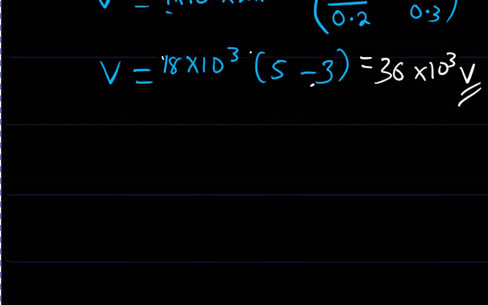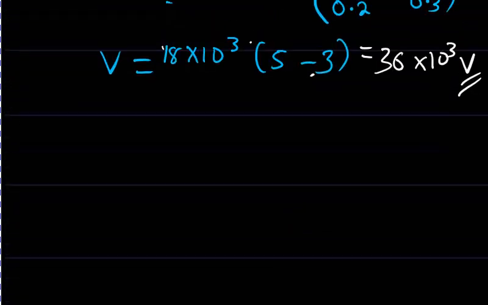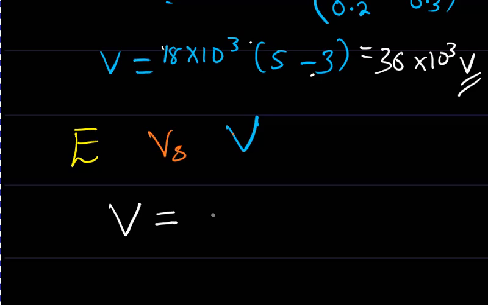Okay, now let's summarize this. Let's look at the relationship that exists between electric field and electric potential. Electric potential between 2 points in terms of electric field is given as the electric field multiplied by the distance between those 2 points.